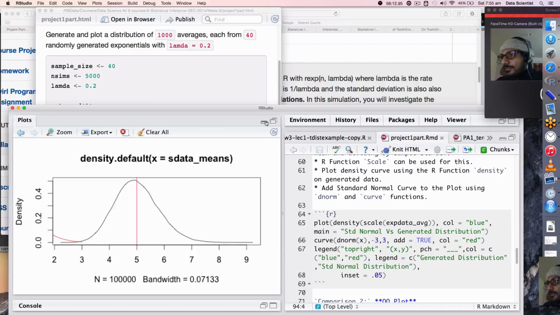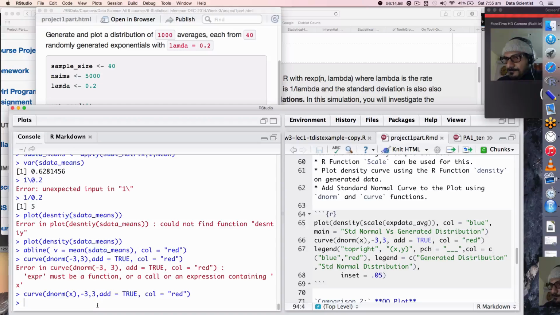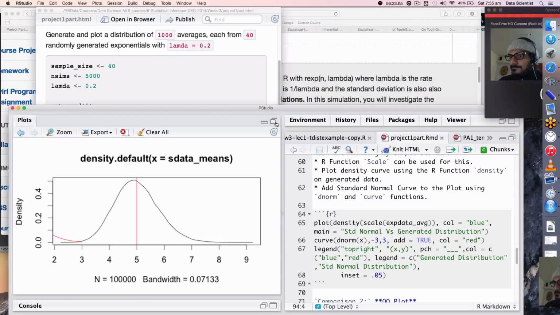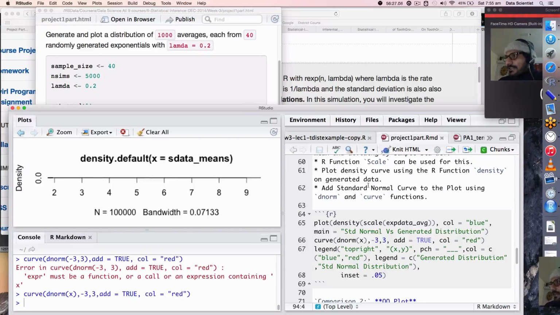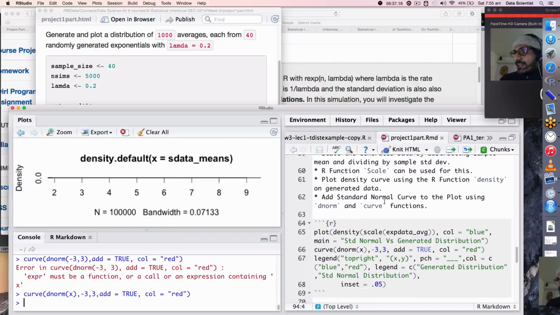Something went wrong with our values here. Oops. What I had done there was I had scaled the graph. Wait, hold on. So why did it go wrong? The graph that I had earlier, I have actually converted it into a standard normal.